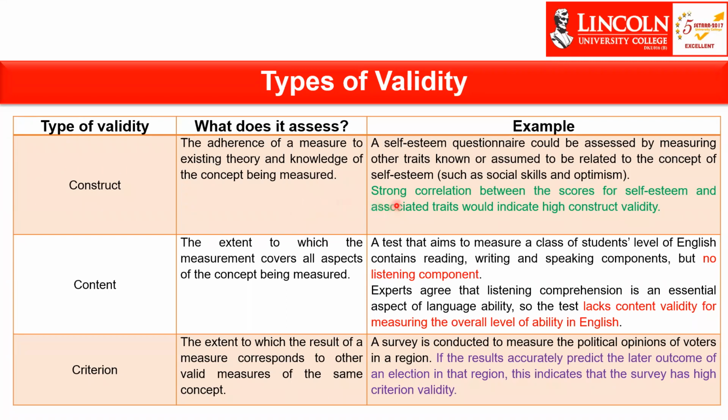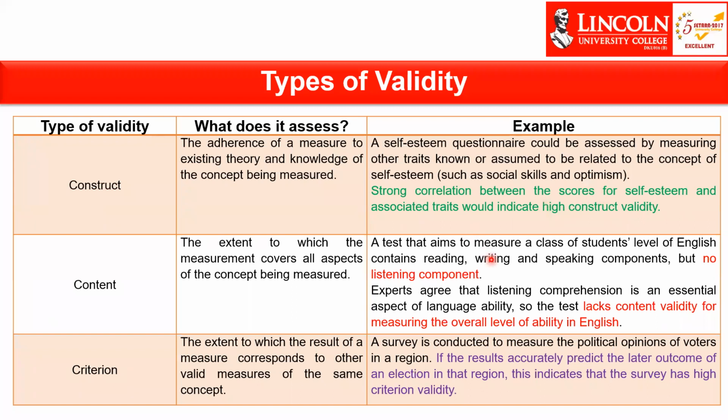So when you do this, a strong correlation between the scores for self-esteem and associated traits will indicate high construct validity. Meaning here, you may need to run a correlation test to know, and based on whatever you get, they will determine whether you have high construct validity or not.